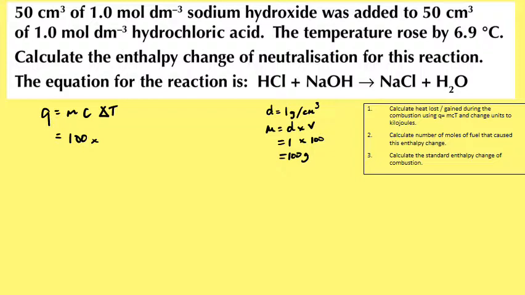Now C is our specific heat capacity, and what we're going to do there is use the specific heat capacity of water, seeing as sodium hydroxide and hydrochloric acid are mostly water.